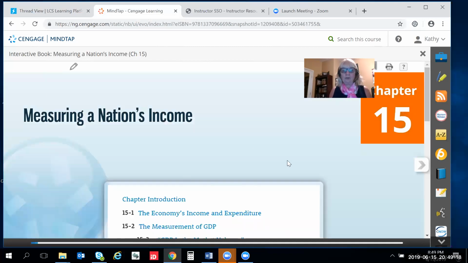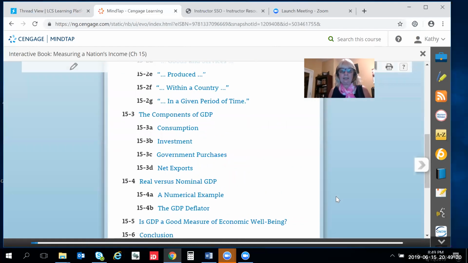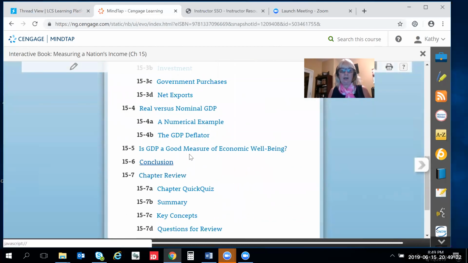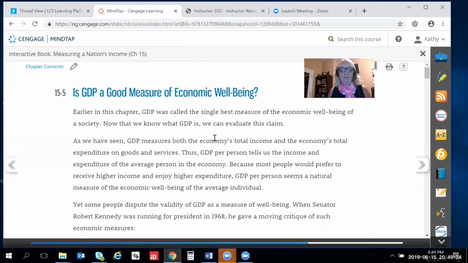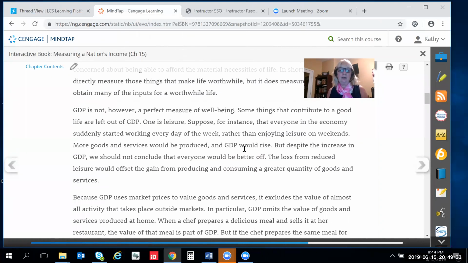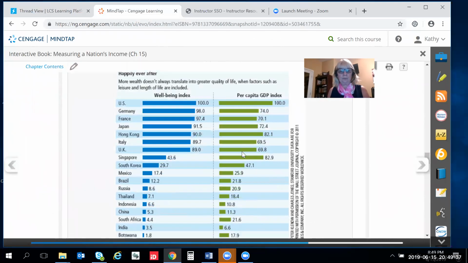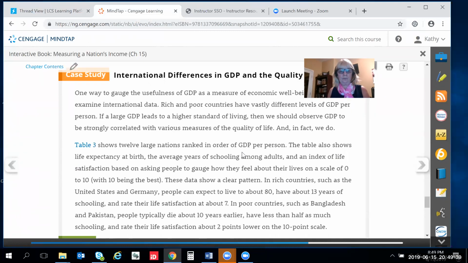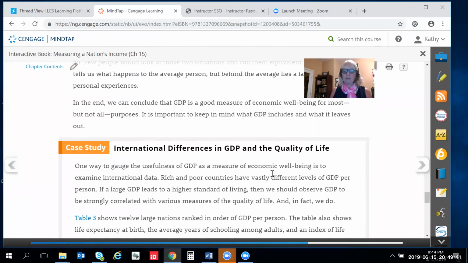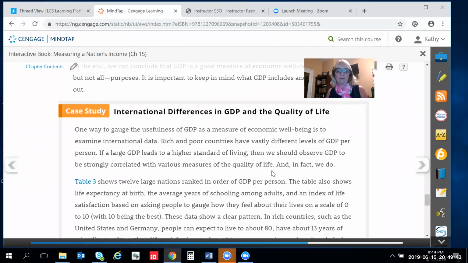So going over to a case study at the end of this chapter, this whole section is GDP a good measure of well-being, which goes to the heart of this GDP. But the case study goes to international differences in GDP and quality of life.